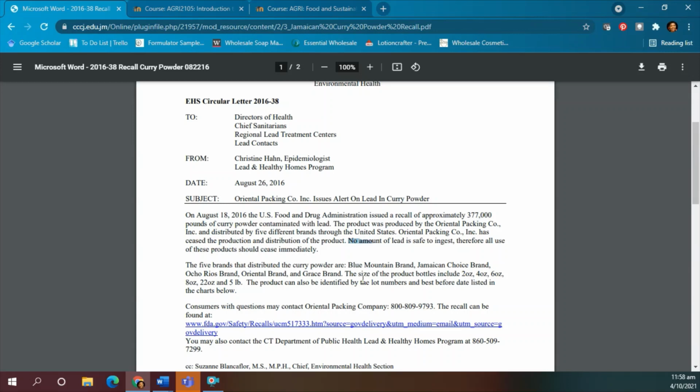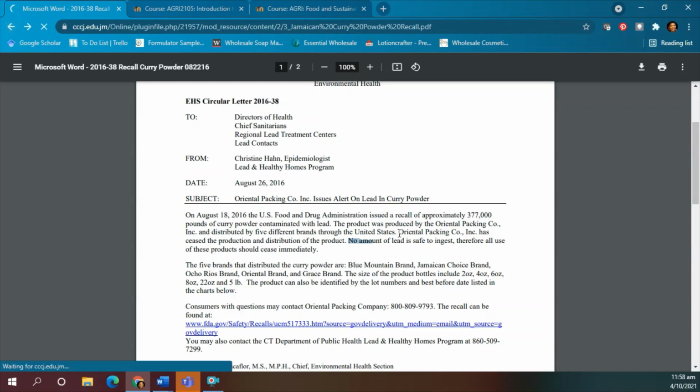So they could do a HACCP analysis, for example, to determine where they possibly think the lead contamination could have occurred through the processing of curry. And this is a very useful and real life example or case study that could help to reiterate the importance of food contamination in the safety and sustainability of food supply.